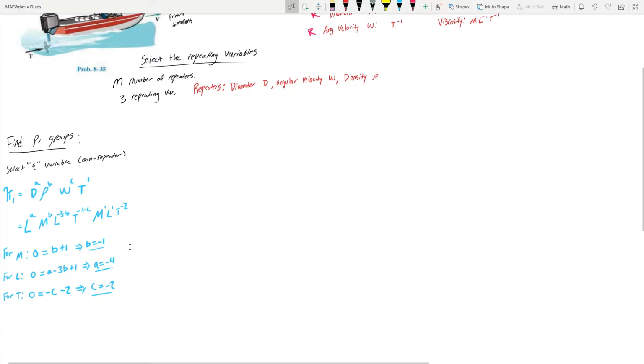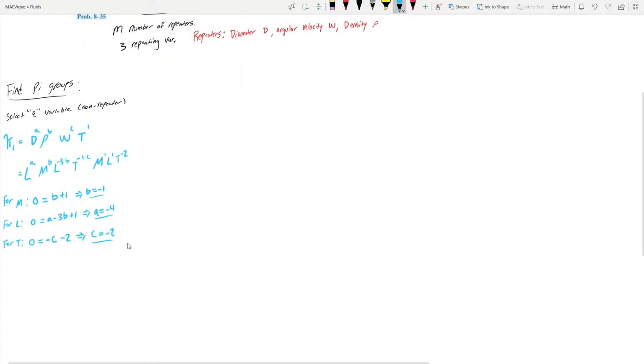So now we can rewrite our pi1. So therefore pi1 is now equal to d to the a power, and we said a is equal to -4. Density to the b power, that's equal to -1. Omega to the c, which is -2. And then thrust, again, we're just leaving as to the first power.